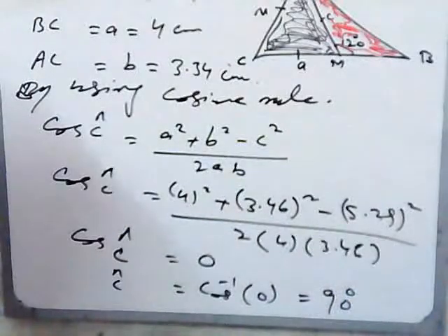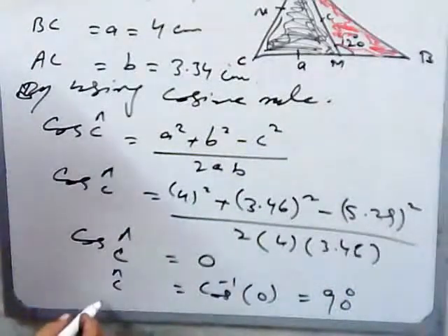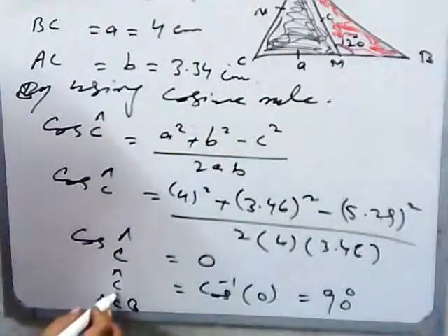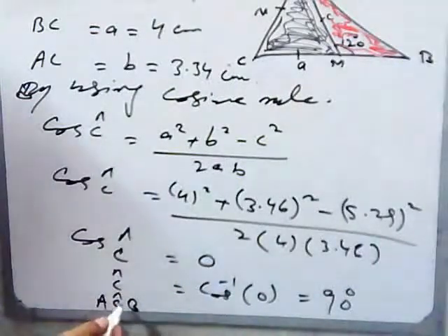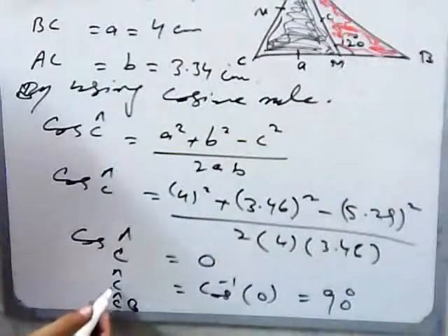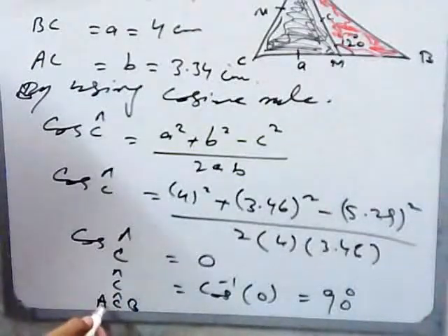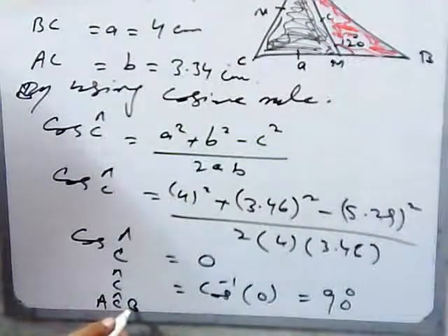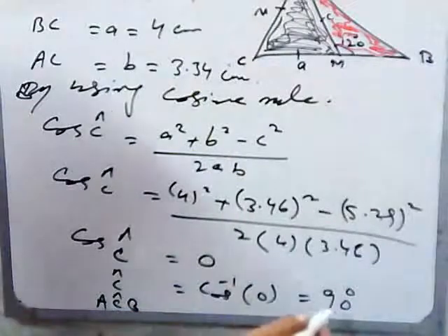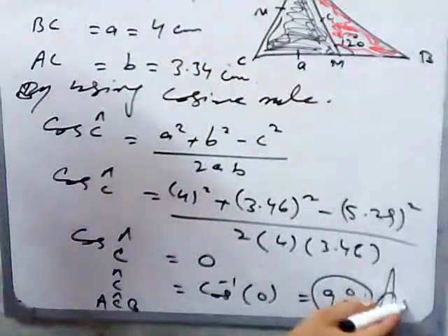Here C is actually ACB, because the angle taking C in the middle of this side, so we can write angle C as ACB. So we can also write in this form. So 90 is your result.